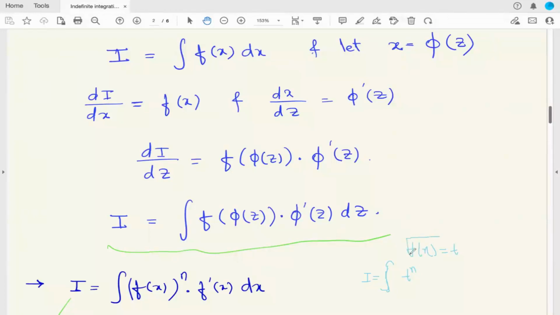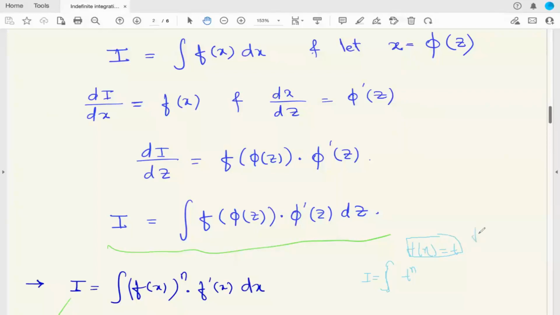We do this substitution. Now, how do we substitute it? I put f x is equal to t, and when we differentiate this function with respect to x, we differentiate both sides with respect to x.